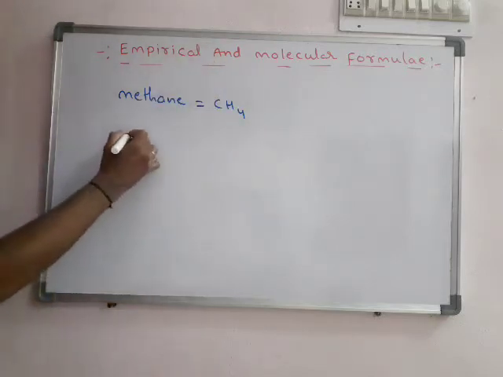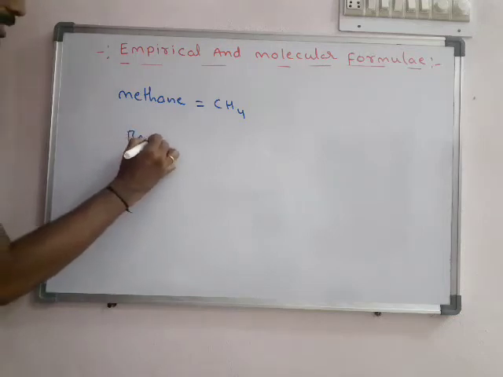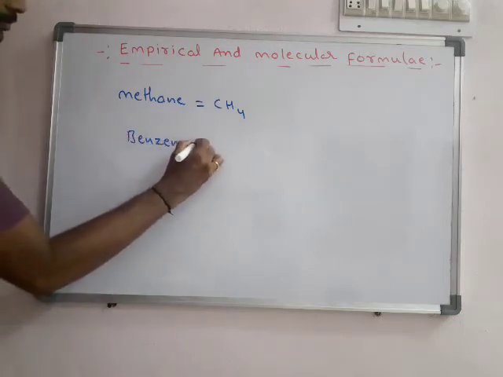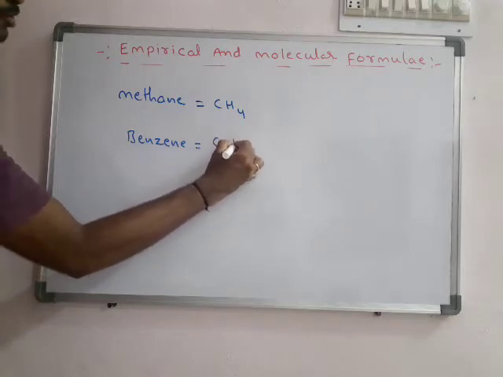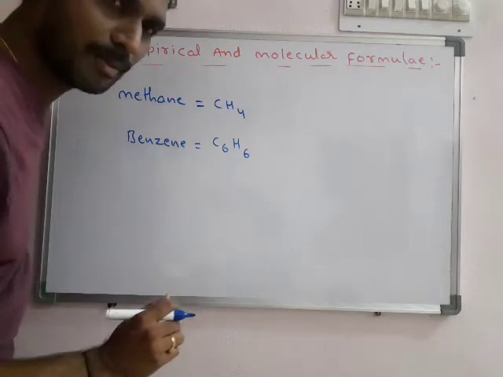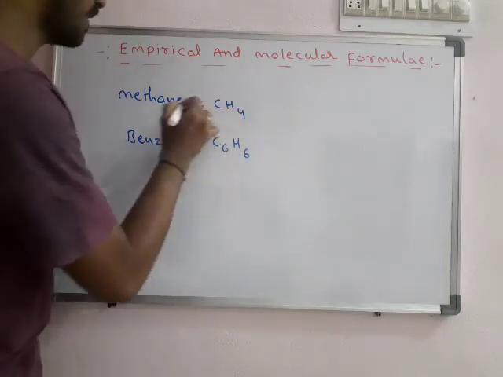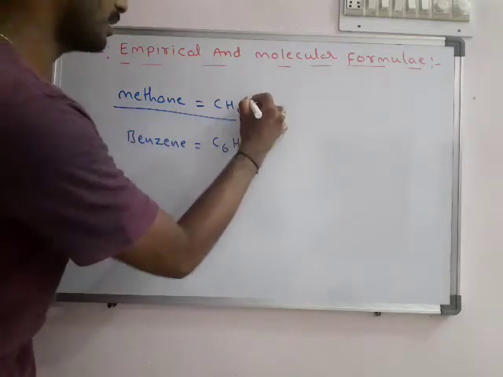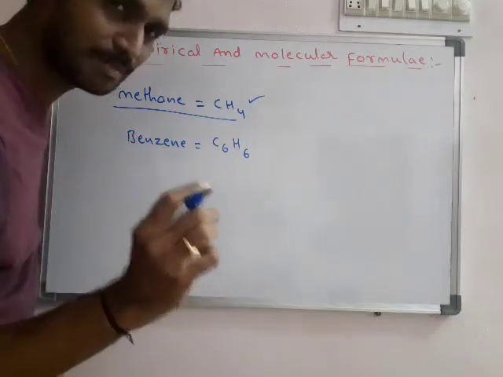Okay. Next, what is the molecular formula of benzene? C6H6. So what does a molecular formula indicate? For example, the molecular formula of methane is CH4. What is its meaning?